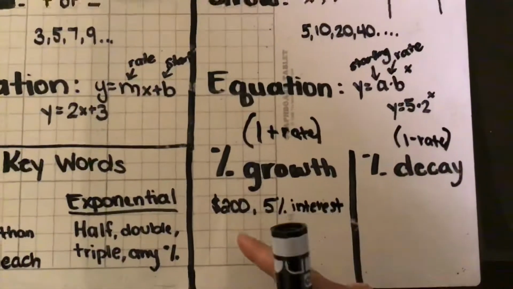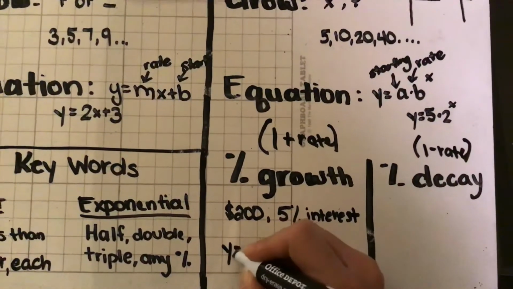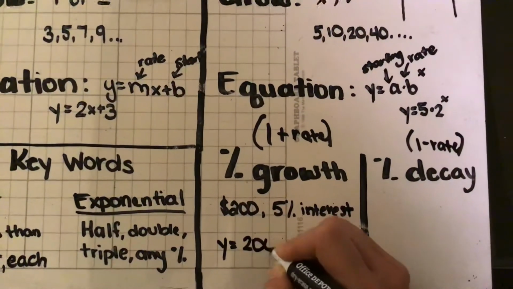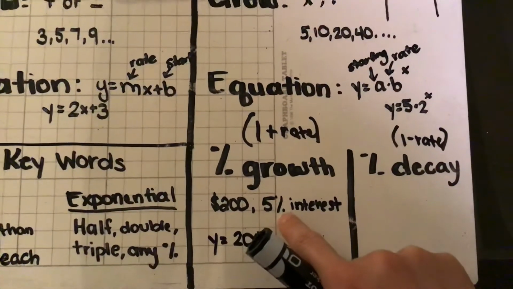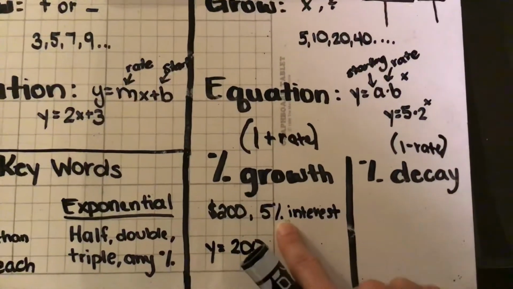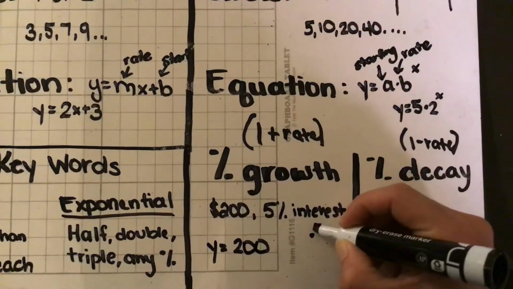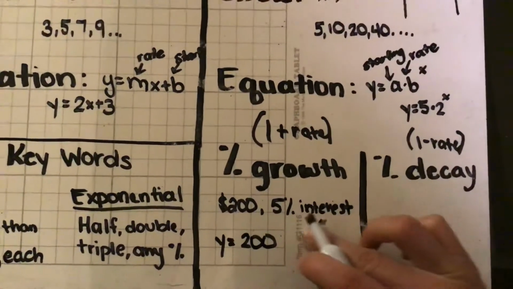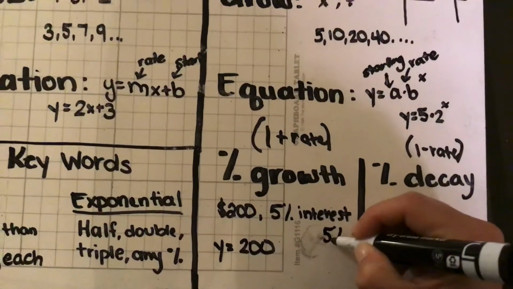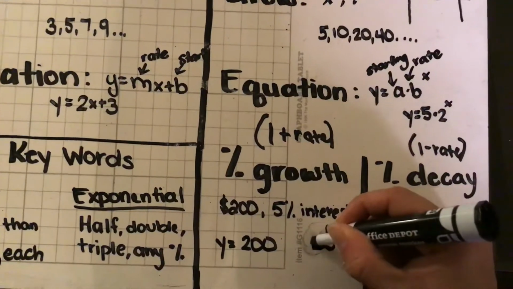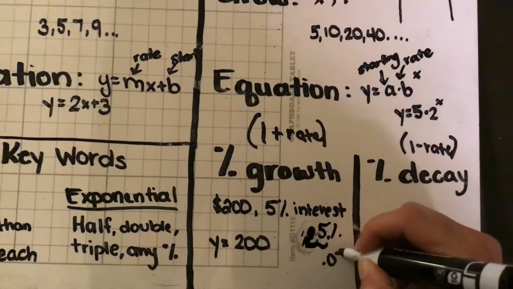All right, so first we got to look at our equation. We're going to start at our starting point, which is 200. Y equals $200. And we have a 5% interest. We can't put percentages into our equations. We have to convert that to a decimal. Okay, so 5% into a decimal. Oh, I'm already giving the answers out. 5% as a decimal. You're going to move that decimal 2 spots over, just as you told me in the past. You're going to get 0.05.